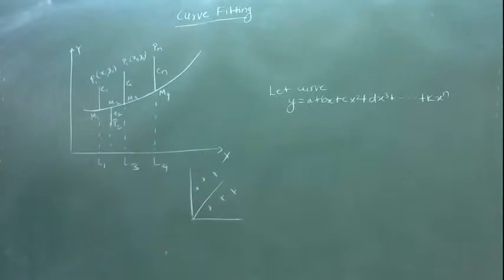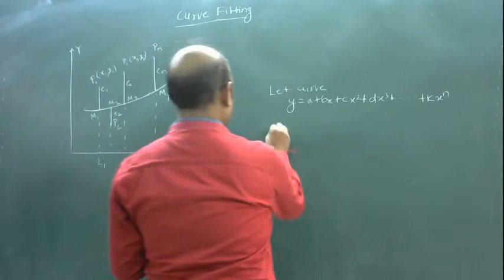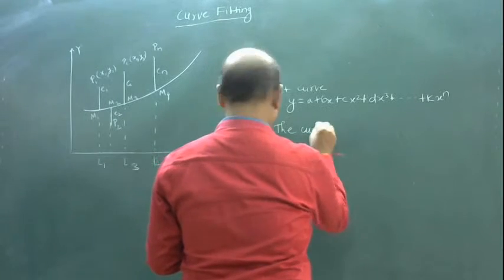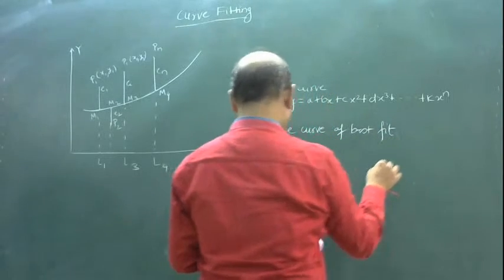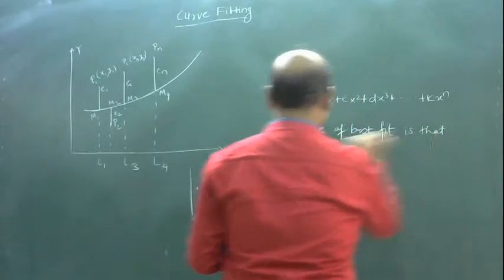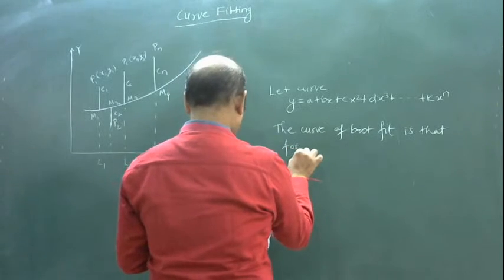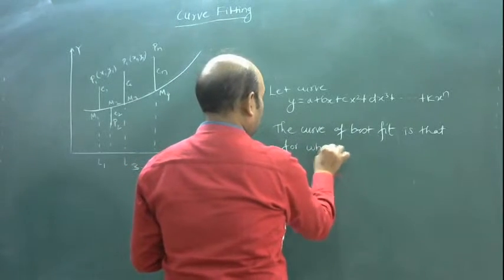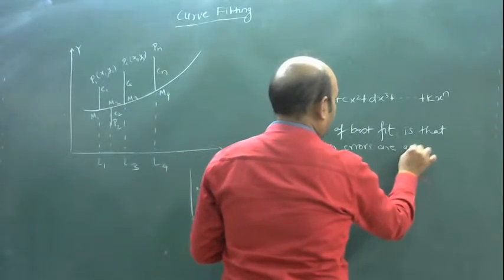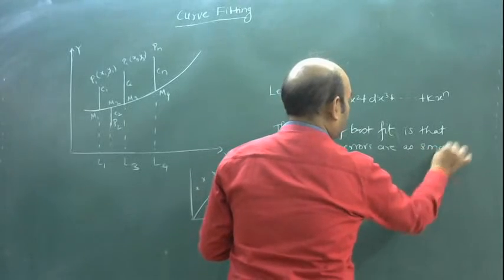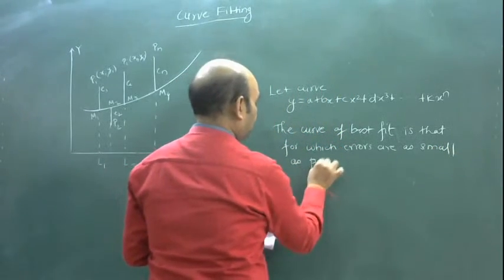So the curve of best fit is that for which errors are as small as possible.